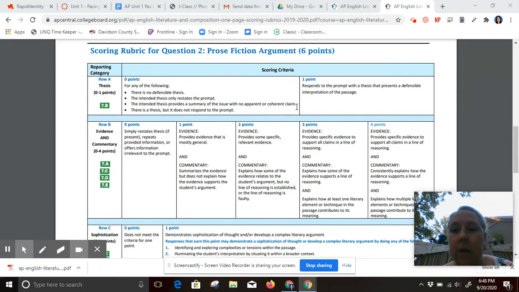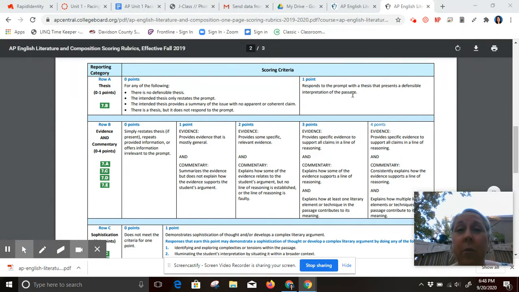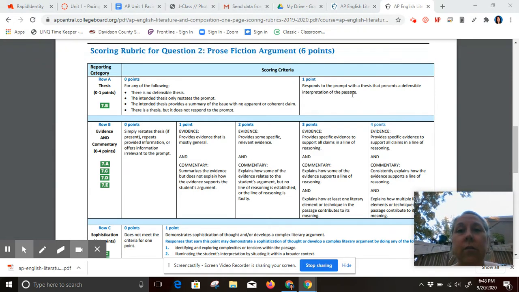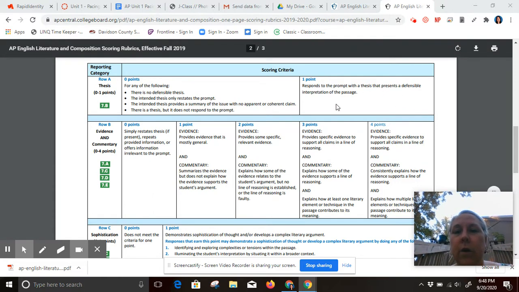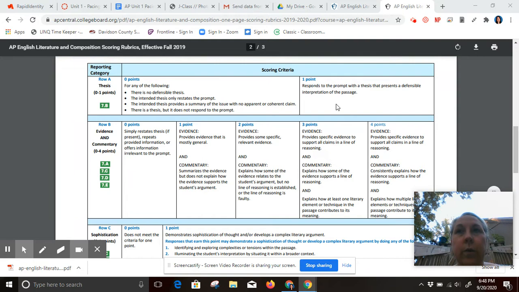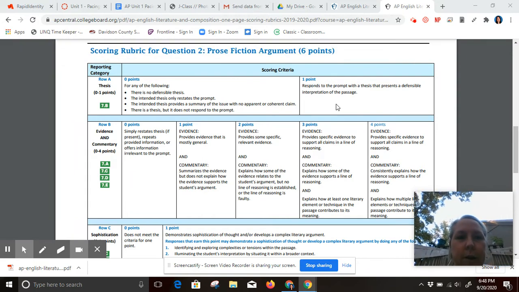So again, no summarizing. This is a very short amount of time that you have to write. You have to be specific. And there's a thesis, but it does not respond to the prompt. So you can't just obviously go rogue. All right. So I feel like it's pretty easy to earn a point here if you answer that question with a defensible interpretation. So you answer the question with some points that you're going to prove throughout your essay.